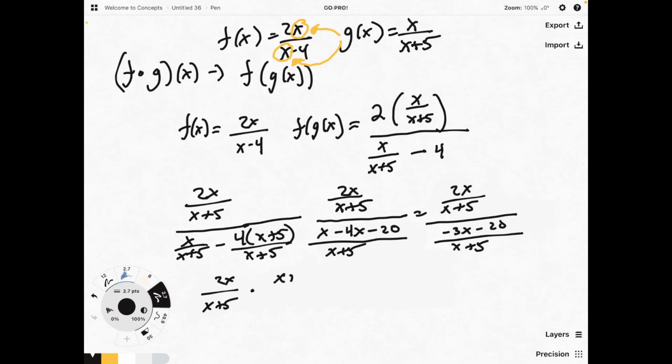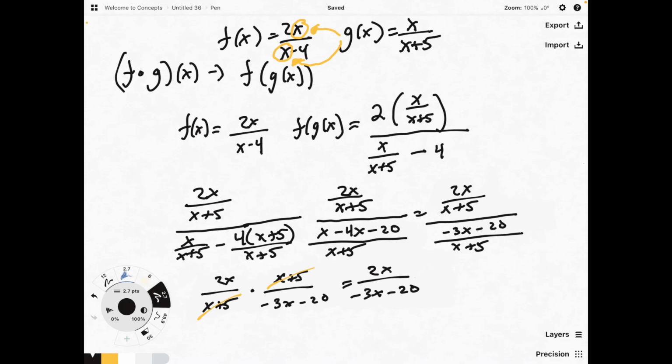So we get the x plus 5 on the top, and we get the negative 3x minus 20 on bottom. We see that this term and this term are the same, so they can cancel out. And that is going to leave us with 2x divided by a negative 3x minus 20.